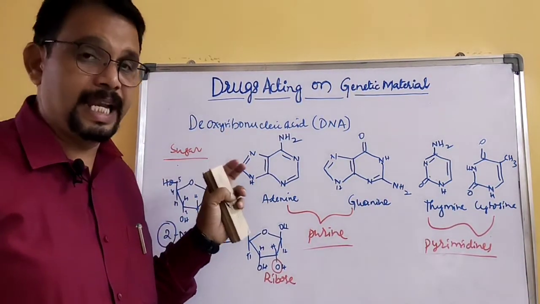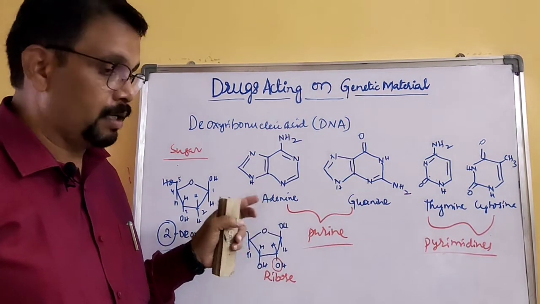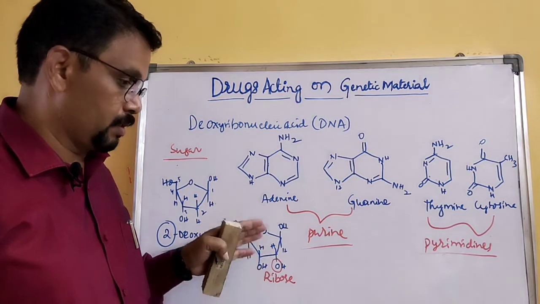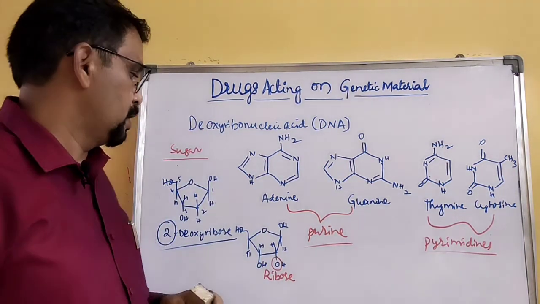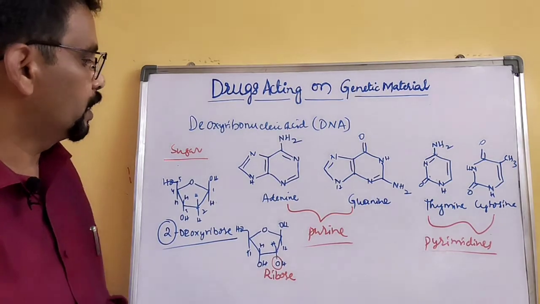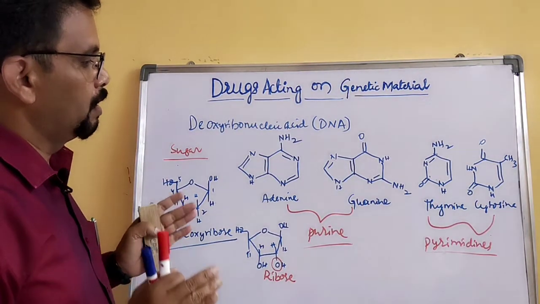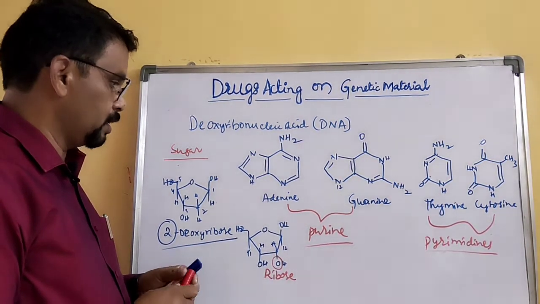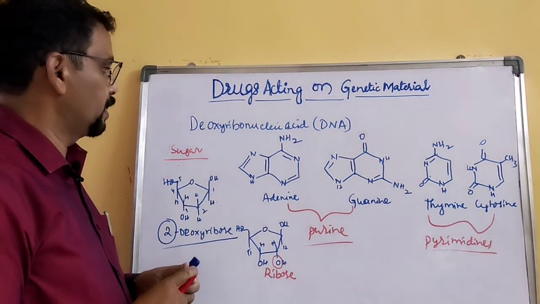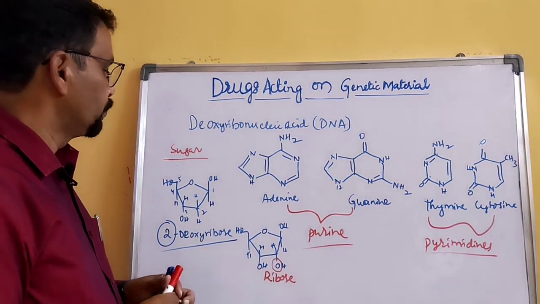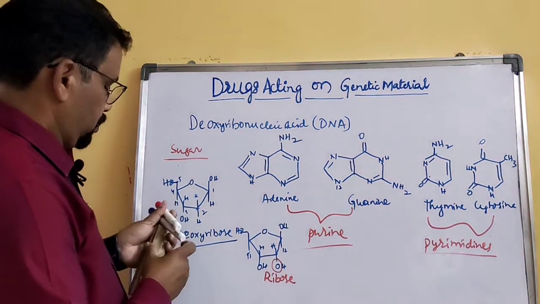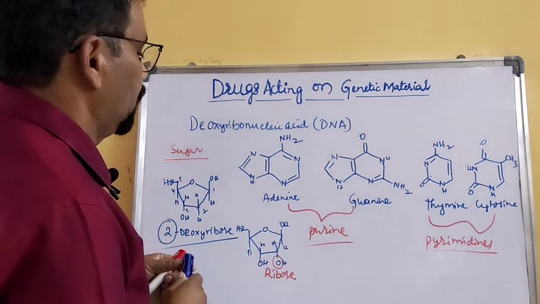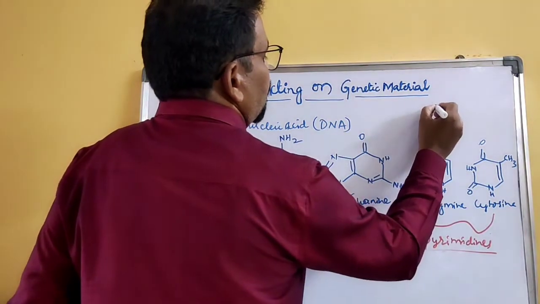DNA has a double helix structure, and RNA has a single strand structure. So these are the chemical structures present in these genetic materials. Another component is phosphate, which is like this.